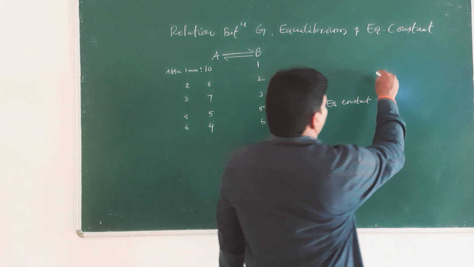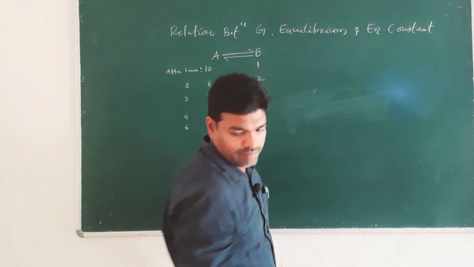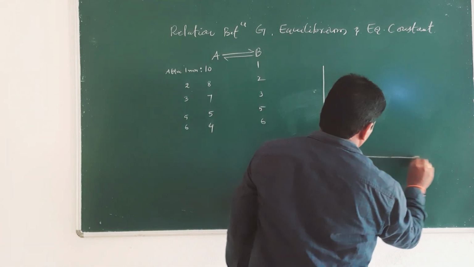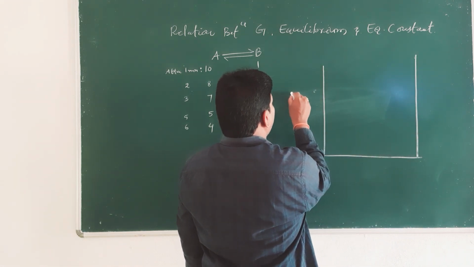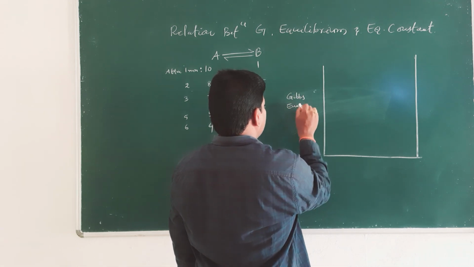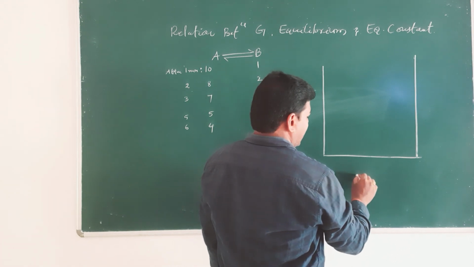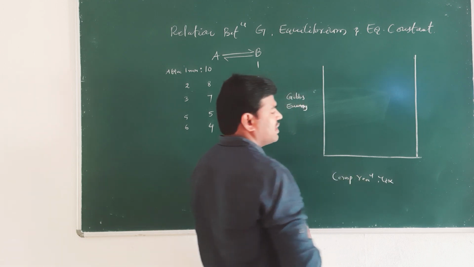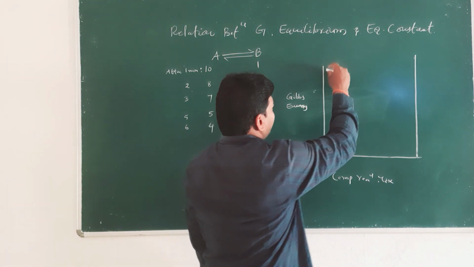For example, when we plot the Gibbs energy with the composition of the reaction mixture, a graph of this type is obtained.